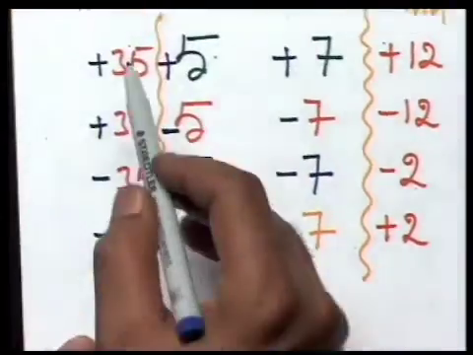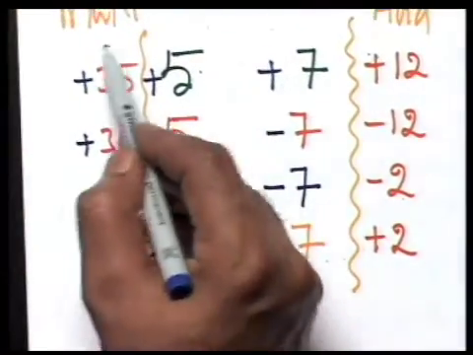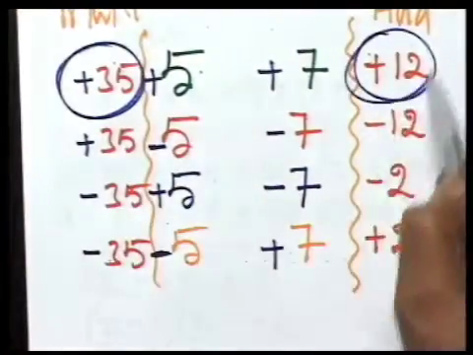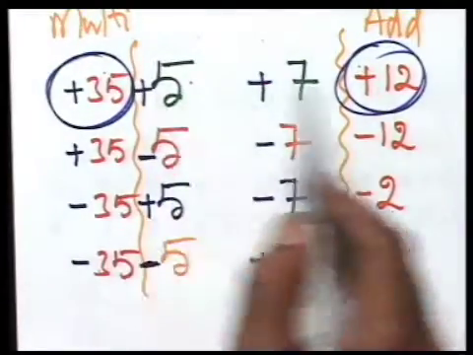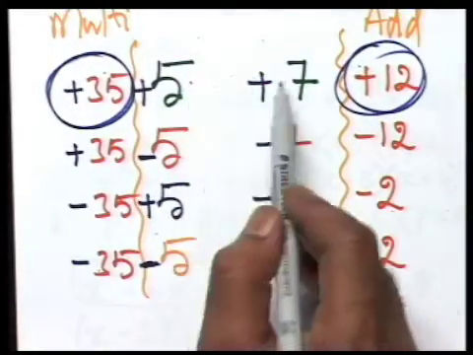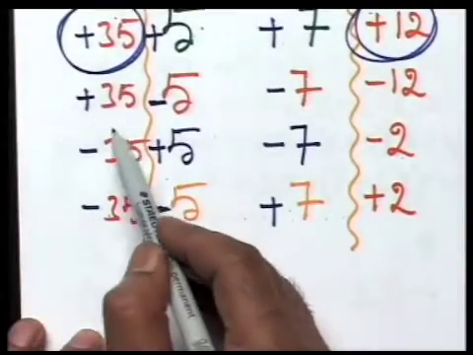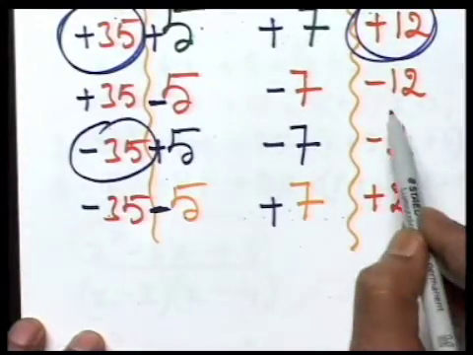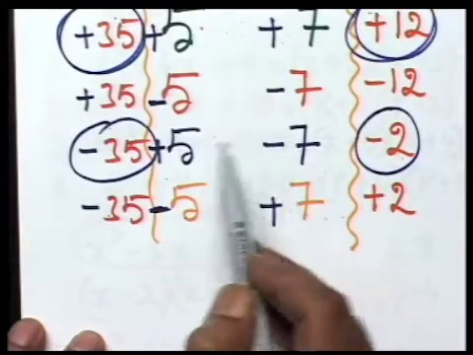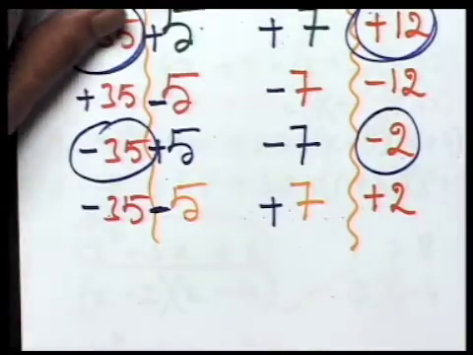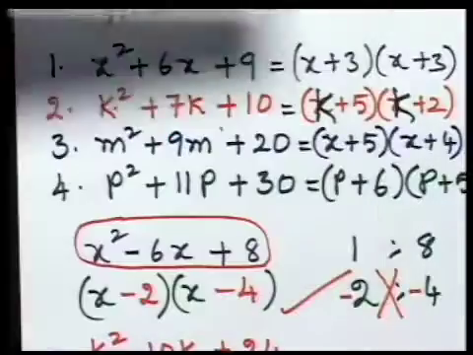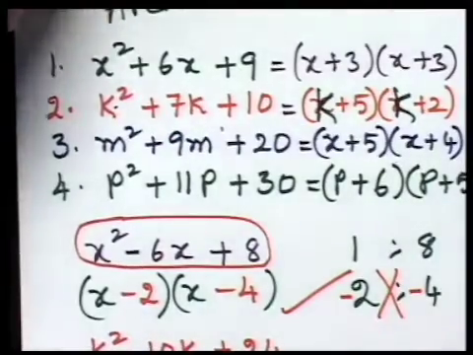Okay, so that's how it is. That should be the last number, and that should be the middle number of a quadratic expression. Then you can choose those 2 as the factors. You will get to know things well as you practice more and more sums.